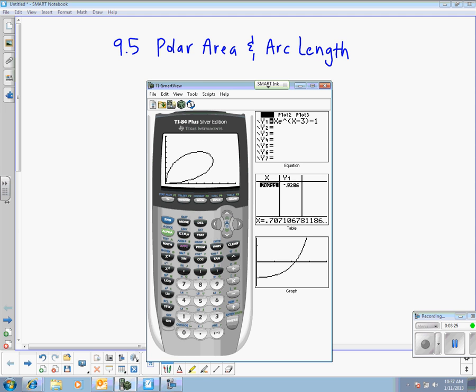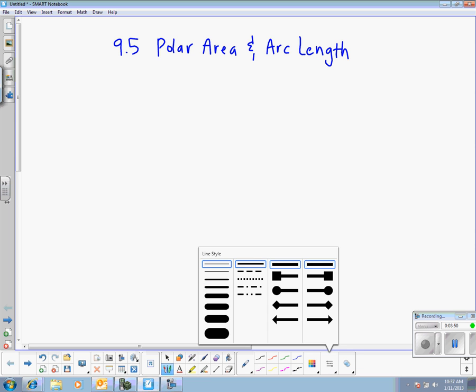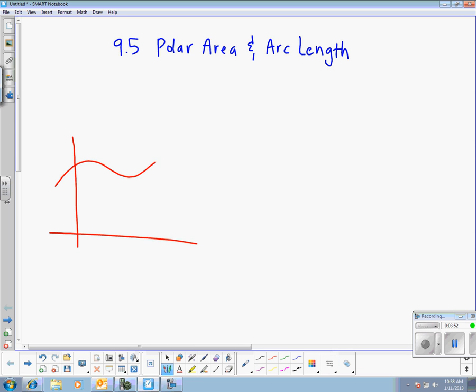This is what gets traced when I go from 0 to pi over 2. So that's when my direction is 0 all the way till my direction is pi over 2. Now, remember, when you learned about integration, what's going on with an integral of a function f of x is you are starting at a point A and finishing at a point B, and at every point, you're creating a little rectangle.